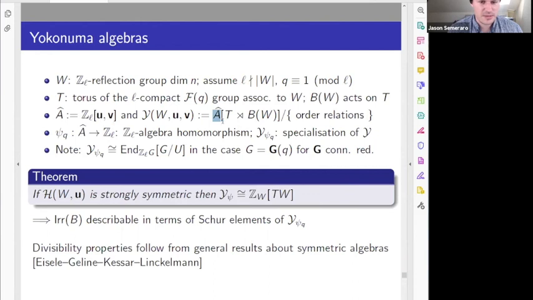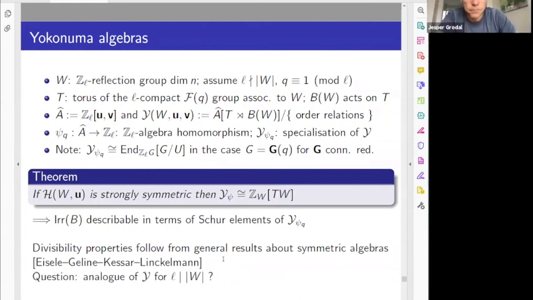That's this. This is a specialization of that algebra here, with respect to this group homomorphism. Right. But then your theorem identifies that with just the group ring? With the group algebra of the torus normalizer, TW, inside the l-compact group. Oh, with torus normalizer. Okay, so that's what TW is. Yeah, I should have said that more clearly.